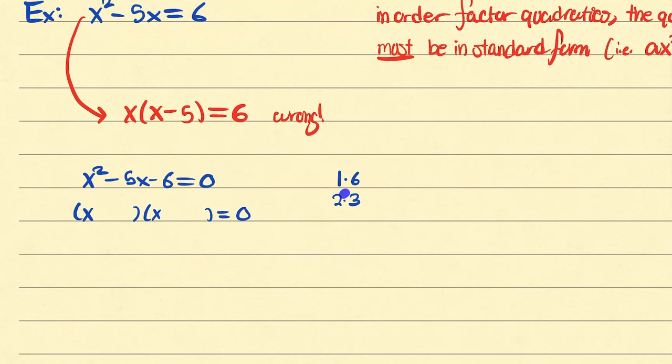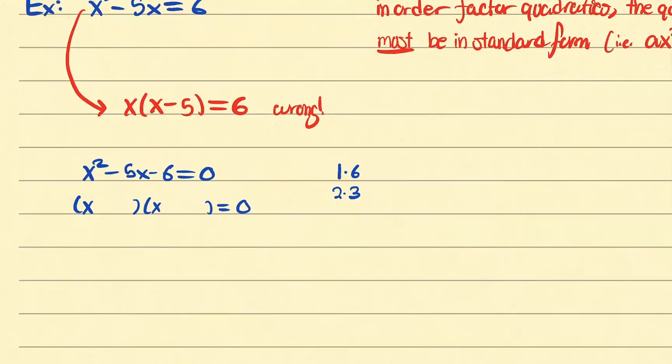And if you notice, I guess 2 and 3 or 1 and 6 can work out for us. So we need to think about this a little bit. In order to get 2 and 3 to add to some form of 5, they need to have the same sign, right?